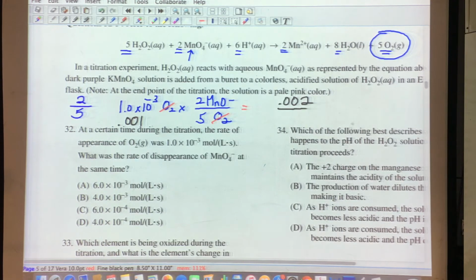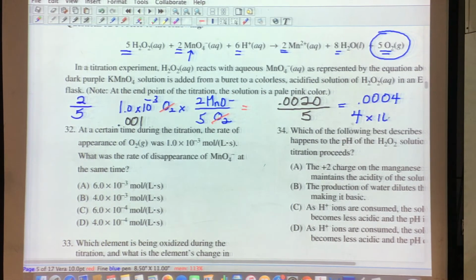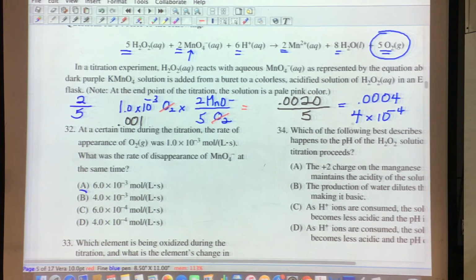Now I'm going to divide it by 5. I need a calculator? No, you don't. Isn't this really 20 divided by 5? It's not going to be 4 here, the 4 is going to be over here, correct? So that's going to be equal to 0.0004, which is the same thing as 4 times 10 to the negative 4, which is choice D.